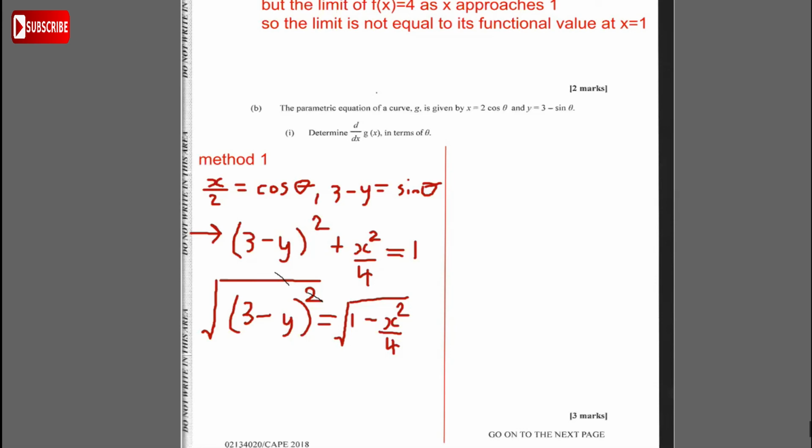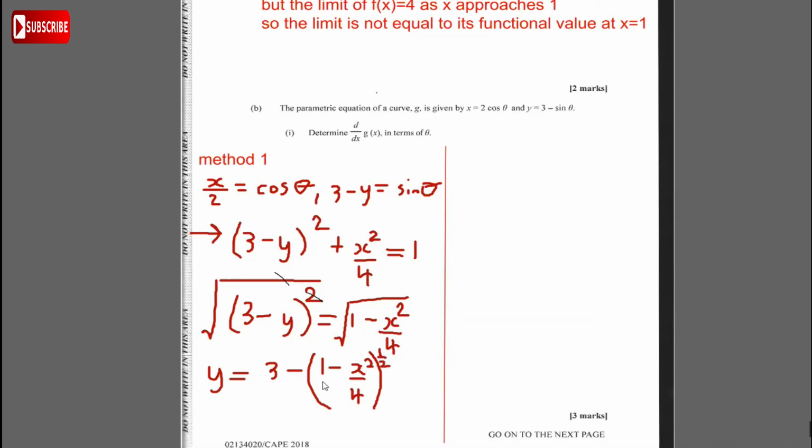And so that means y is equal to 3 minus the square root of 1 minus x squared over 4. Instead of saying square root, I'm going to say y is equal to 3 minus 1 minus x squared over 4, all raised to the half power.